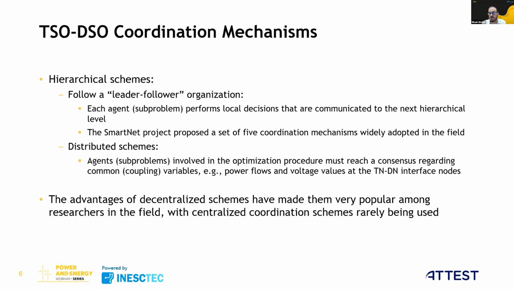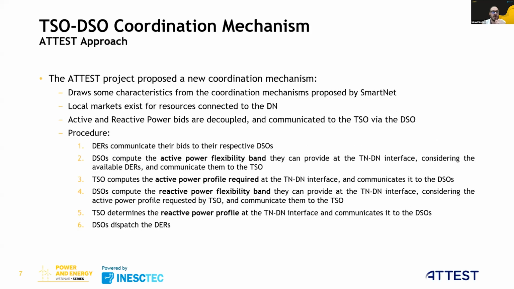The advantages of decentralized schemes have made them very popular in the field, with centralized schemes rarely being used. And so, as Tomislav already presented, ATTEST proposed a new coordination mechanism, which draws some characteristics from the coordination mechanisms proposed by SmartNet. Here we consider local markets for the distribution network, and the main feature here is that active and reactive power bids are decoupled.